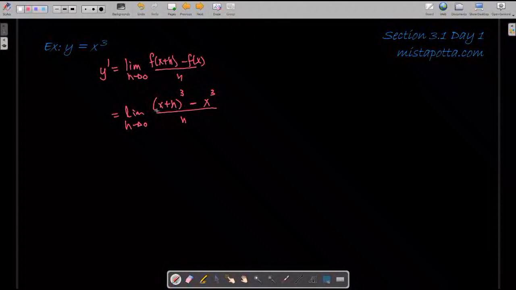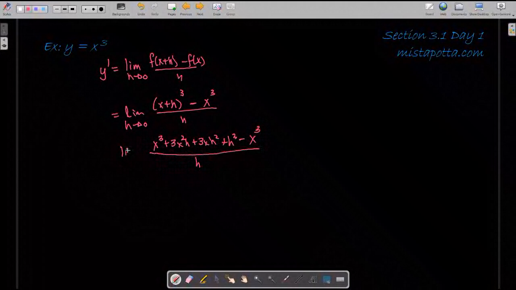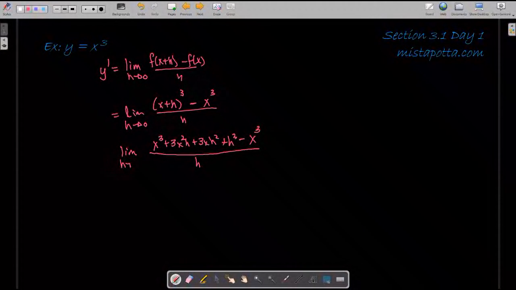And so I need to expand this binomial, and that's going to give me x cubed plus 3x squared h plus 3x h squared plus h cubed. And this is already as simplified as I can get it, minus x cubed, all divided by h, the limit as h approaches 0.